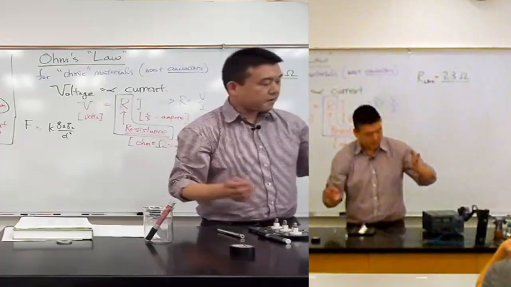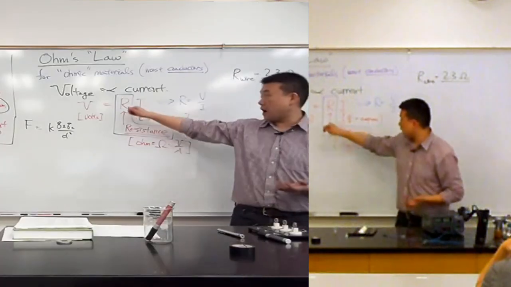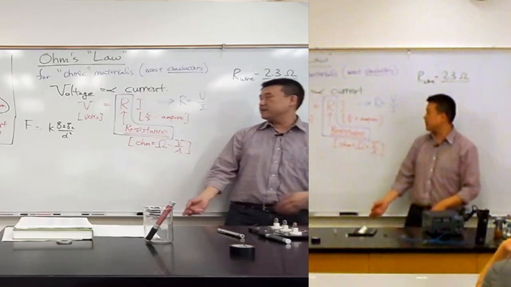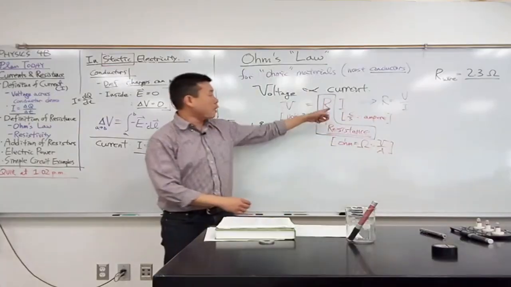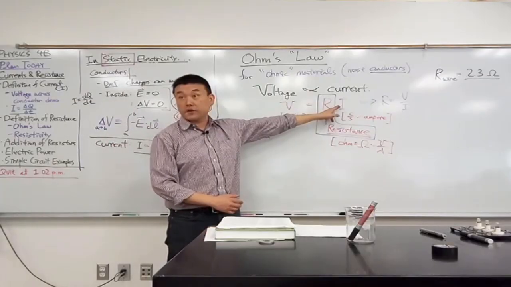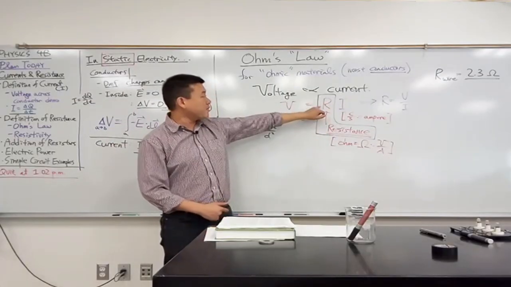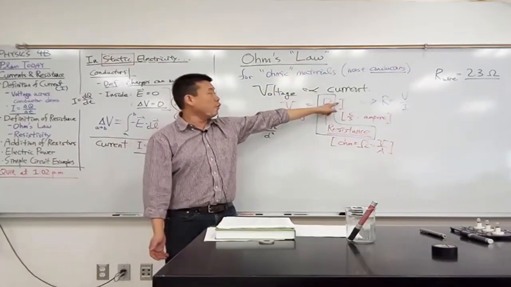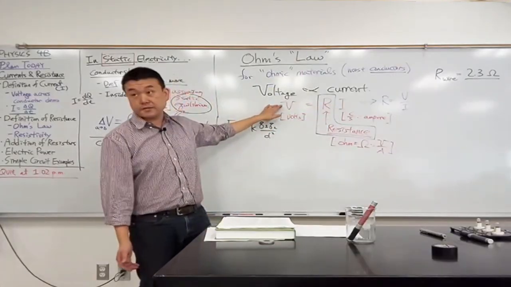Half. Yeah. So you have some sense of what this R means here, right? The name says resistance. It resists current. The higher the R is, the more voltage you will need to put through the same current. So this R does measure resistance to current. The higher the R is, the lower the current you have if your voltage is the same.